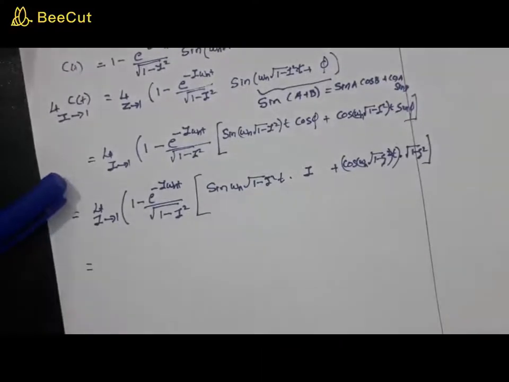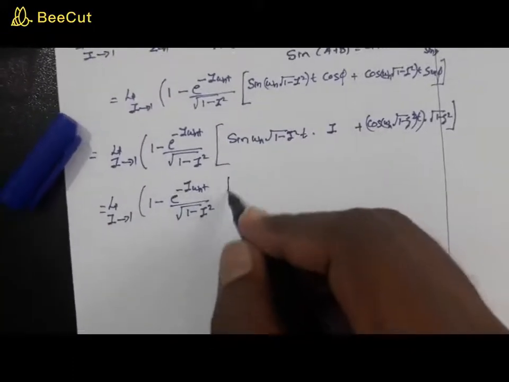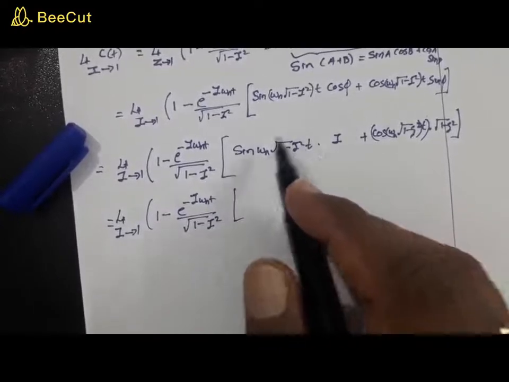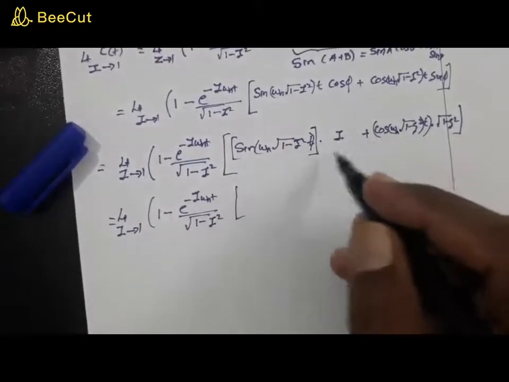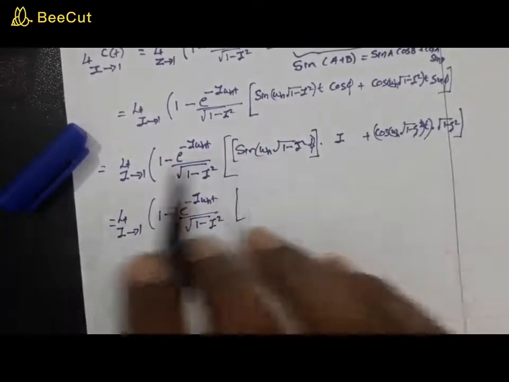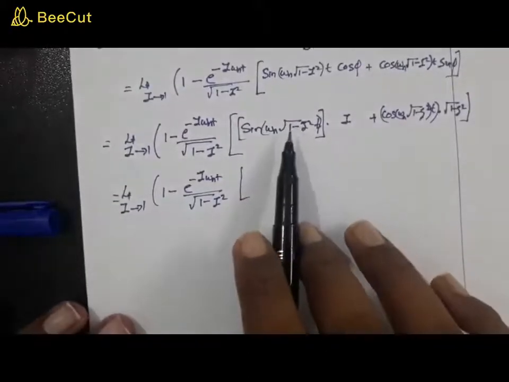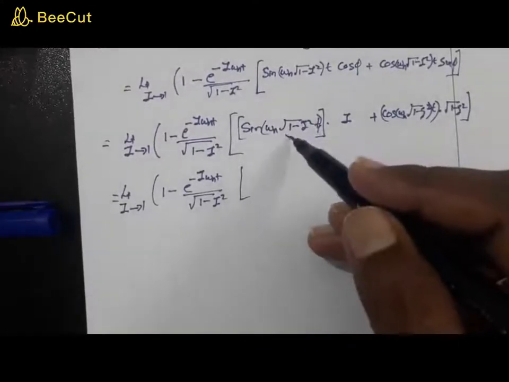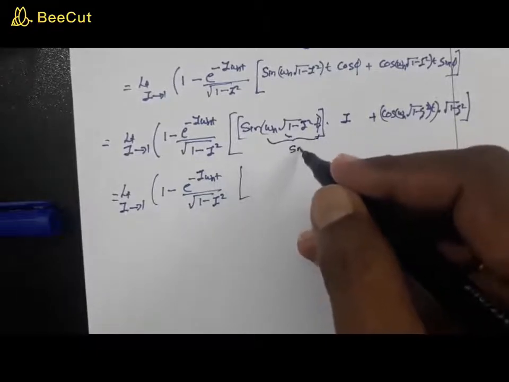Now let us look again. I have rewritten this constant. What about this sine of omega n into root of 1 minus theta square into t? The whole thing is multiplied by theta, right? Now we know that in the case we are considering, theta is very close to 1. So what will be the value of 1 minus a value which is close to 1? This part, that is omega n into root, is very small.